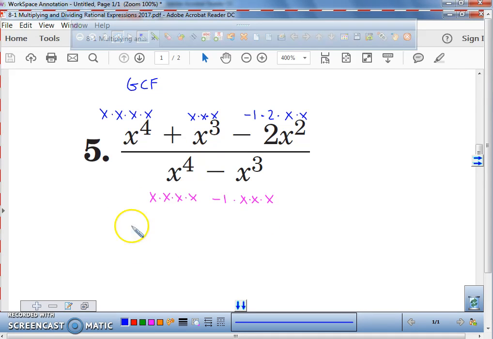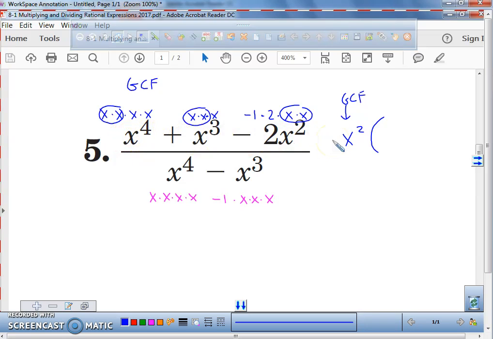Good question. 2 what? X is being multiplied to each other. So, what is an x times an x? That's an x squared.